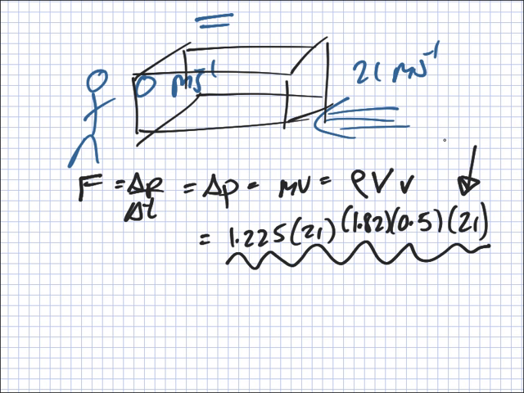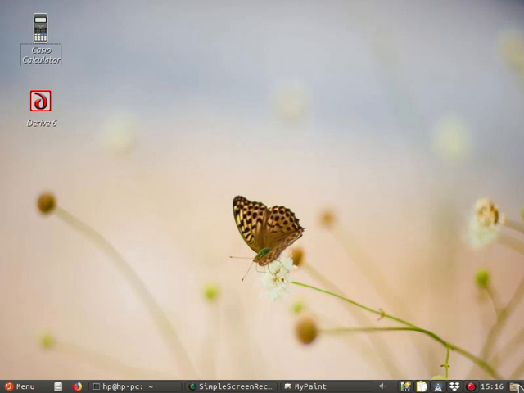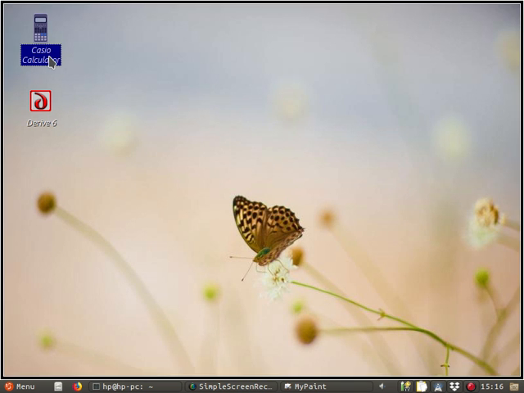What's wrong with this calculator? The first one is 1.225, but in this calculator it's 2. I don't know why. Something's not right. Hang on. Let me open up my calculator.